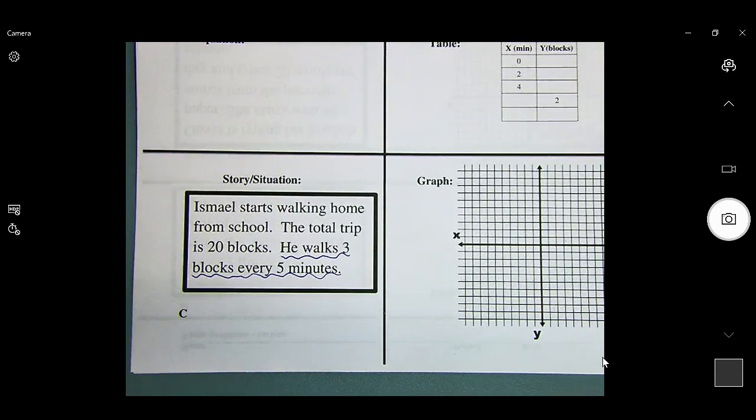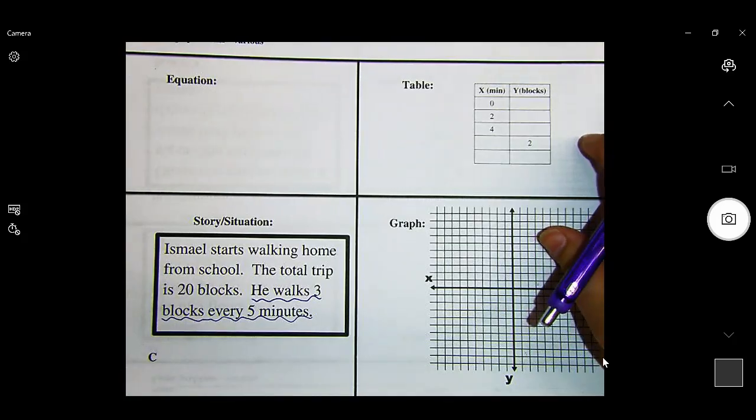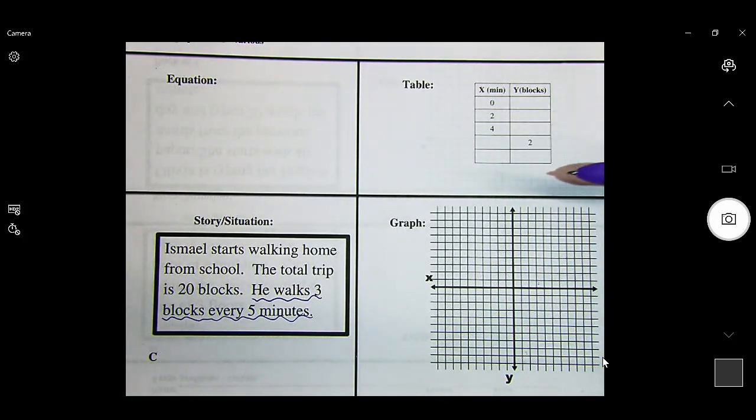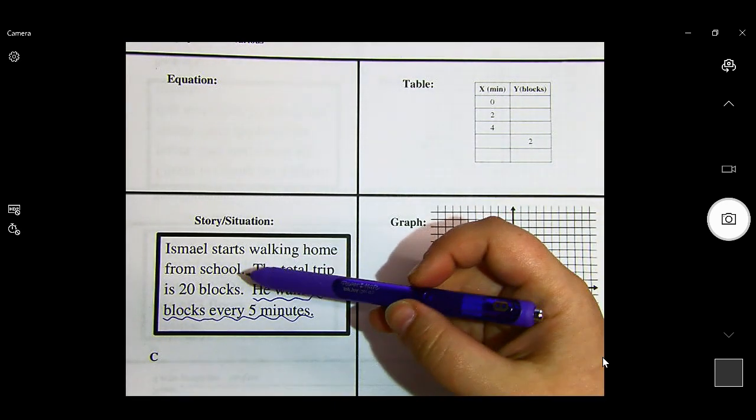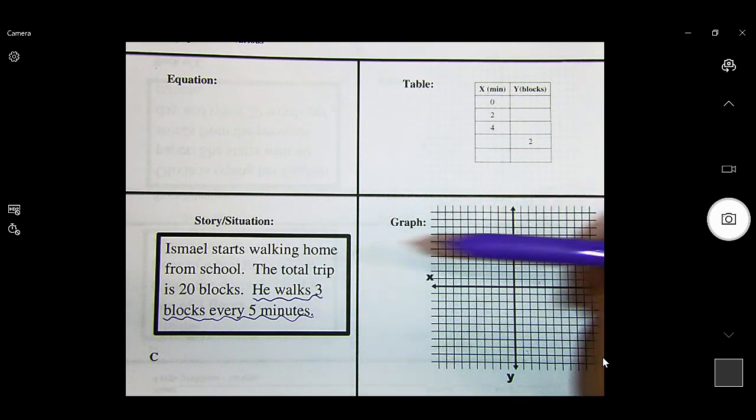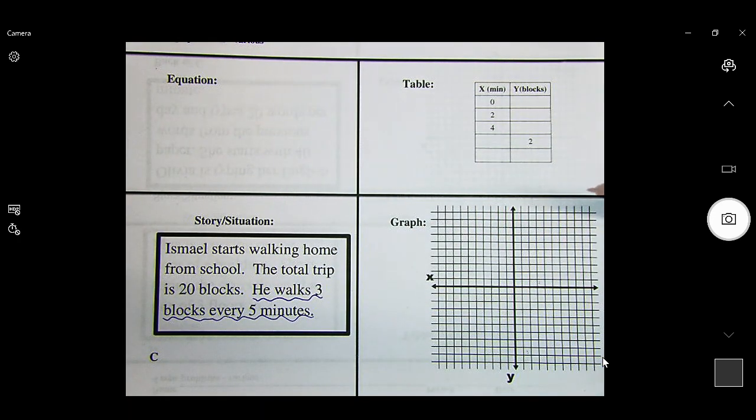Really what this means is just that we have a fraction growth. So let's start with our table here.